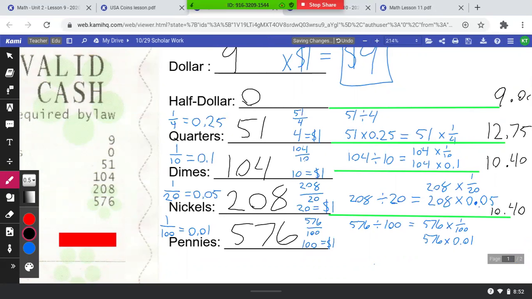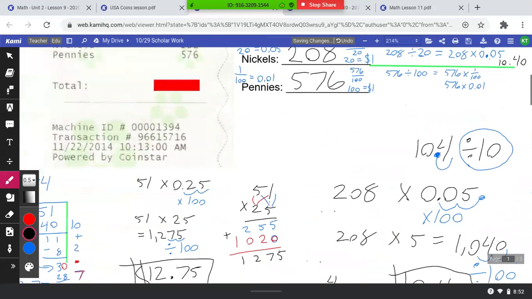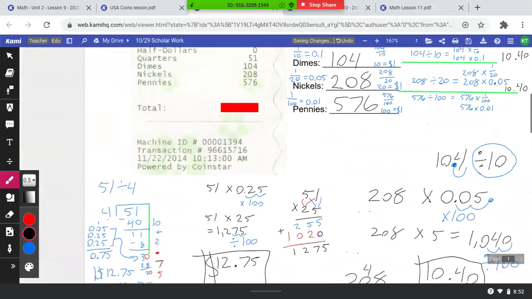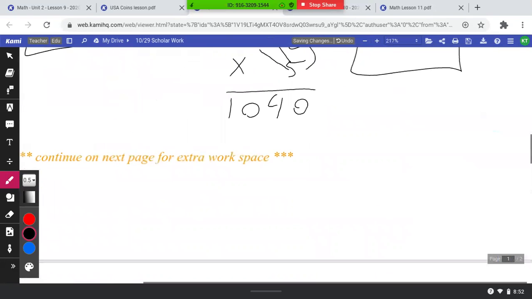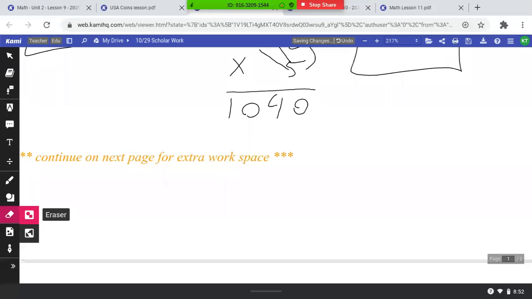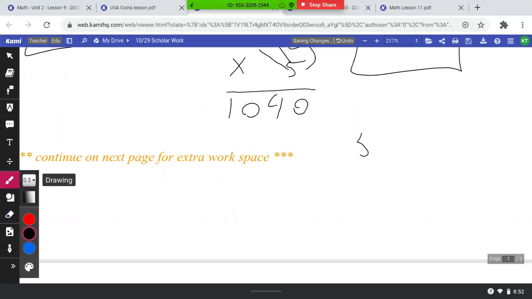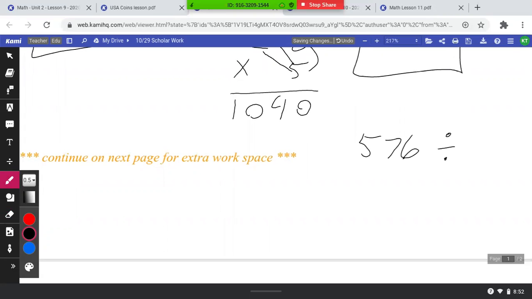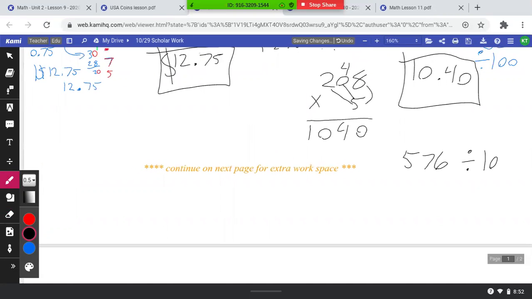All right, pennies. This one's easy, just like dimes. They have 576 pennies. It's not going to take too much time. So we could divide that by 100, or we could do 576 multiplied by 0.01, because that's how much 1 penny is worth.